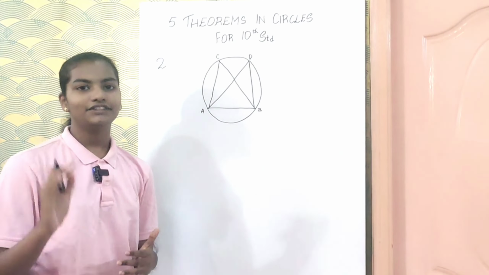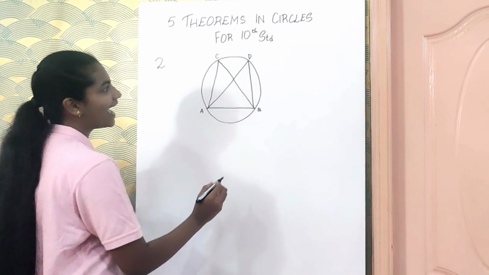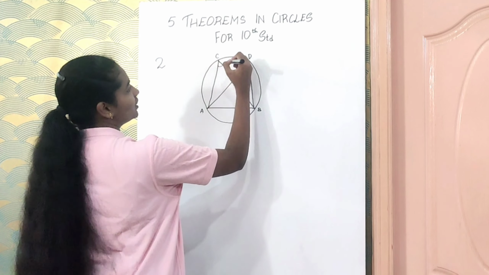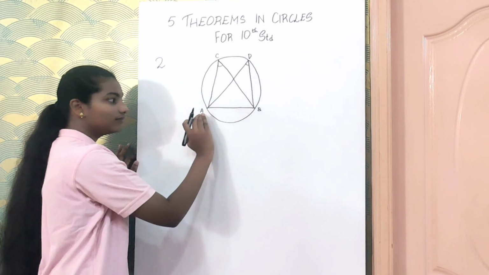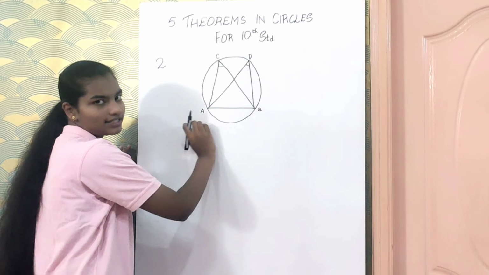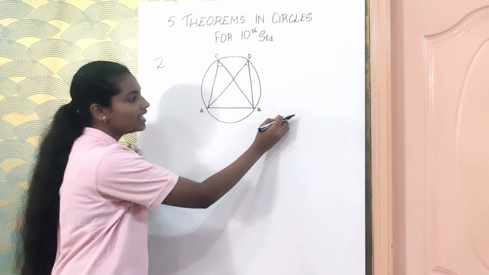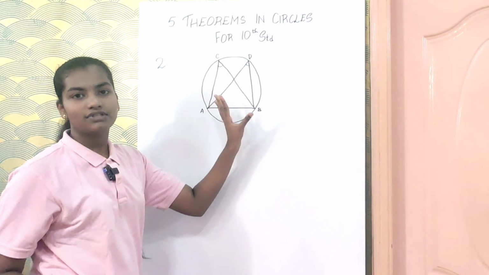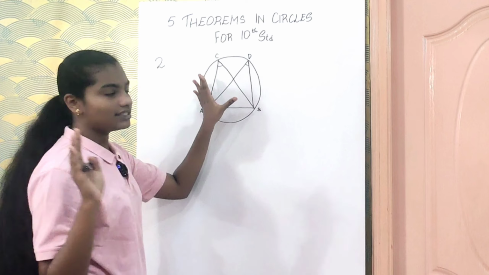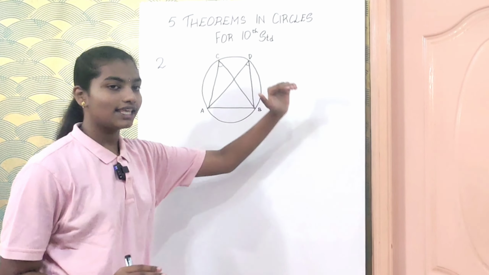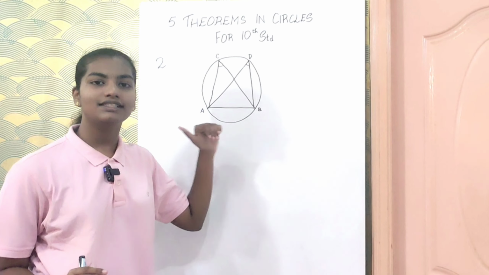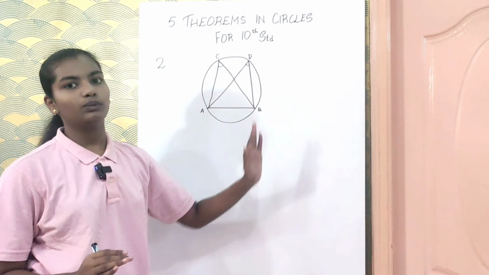Now, the second theorem states that the angles which lie on the same chord, these two angles lie on the same chord, and they are in the same segment. That is itself the second theorem. The angles in the same segment which lie on the same chord are equal.